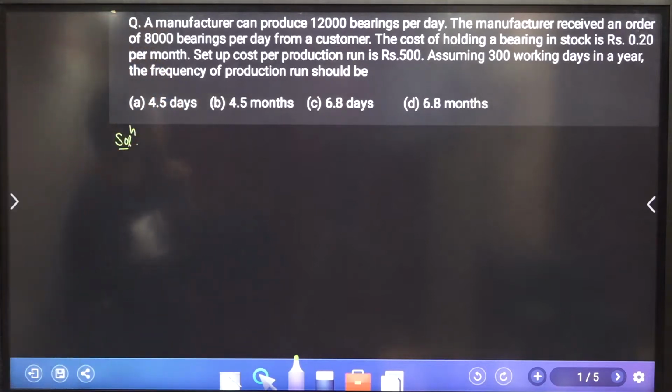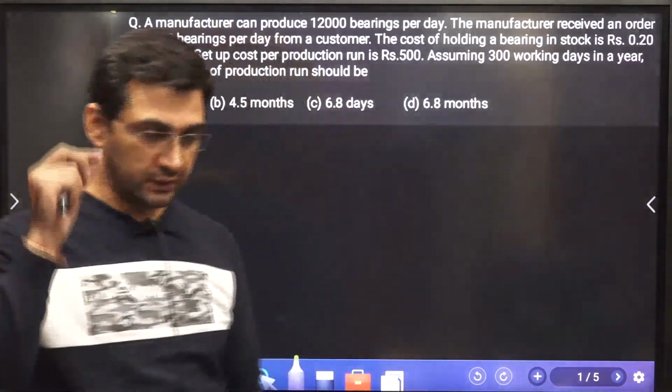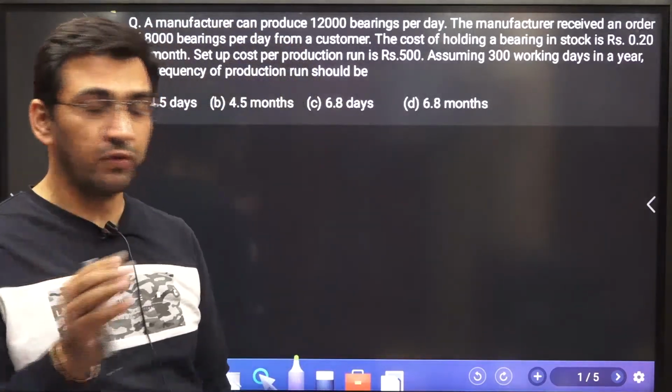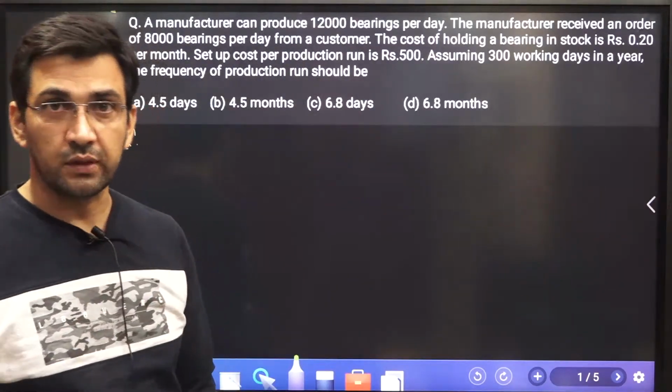First of all, you need to decide which model this is. Whenever you are given the production rate and consumption rate, then definitely it is a finite production rate model, where simultaneously you have production as well as consumption.